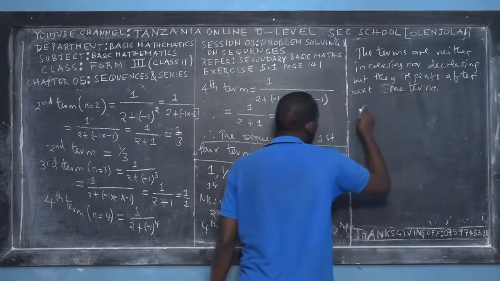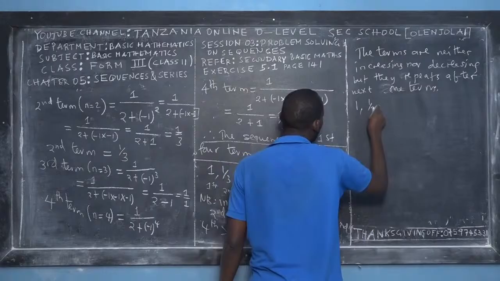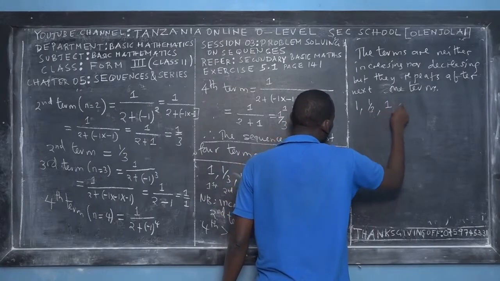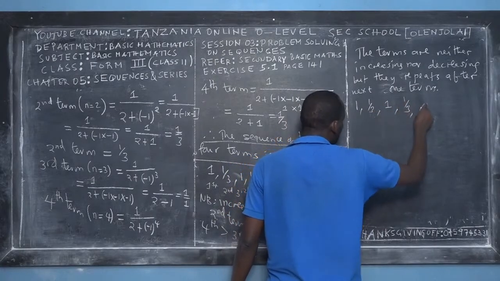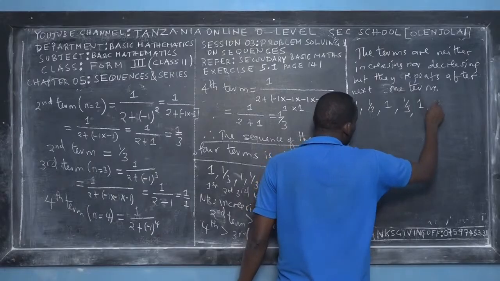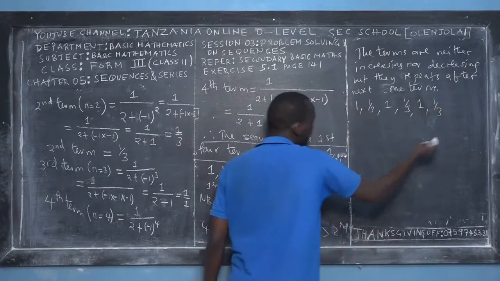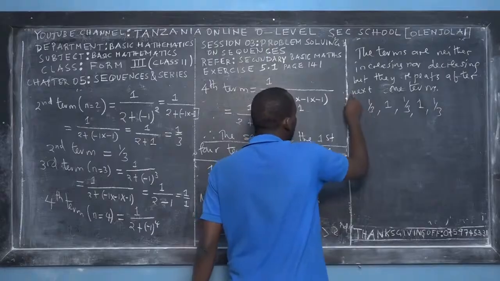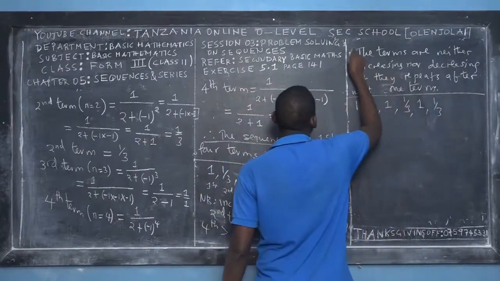What does it mean? First term is 1, second term is 1, then 1 repeats, then 1 term repeats, so that means... So this is the response, right?